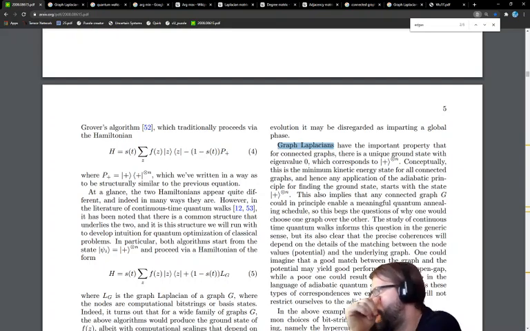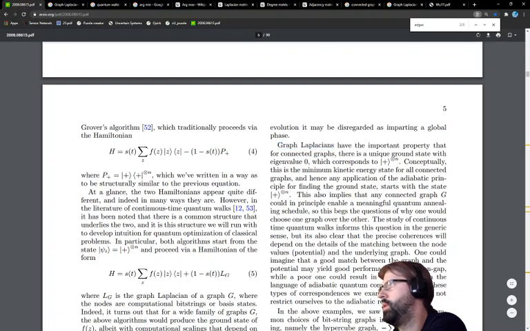If the graph has no edges, that's equivalent. I don't know. Conceptually, this is kinetic energy for all the connected graphs, and hence the application of the adiabatic principle.